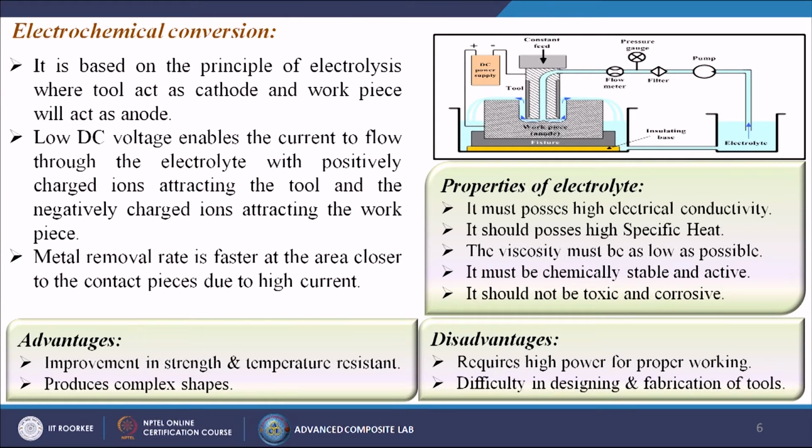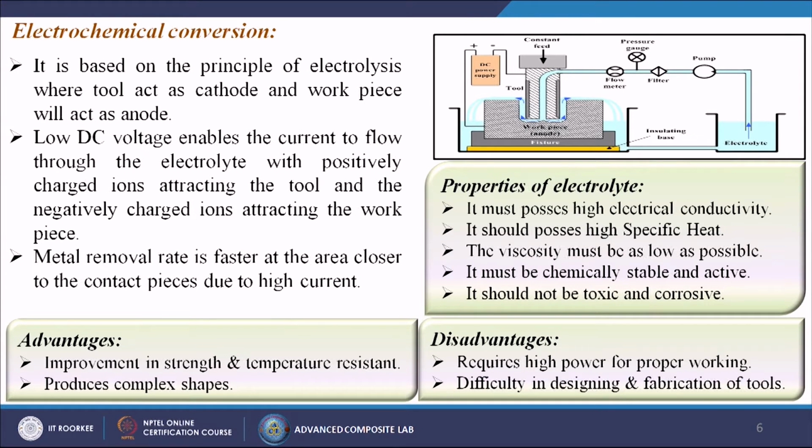Now, we have some nozzle. Just by increasing or decreasing the nozzle, you can increase or decrease the machining area. Not only that, you can make any kind of complex shapes also. What are the advantages? Improvement in strength and temperature resistance, produces complex shapes.